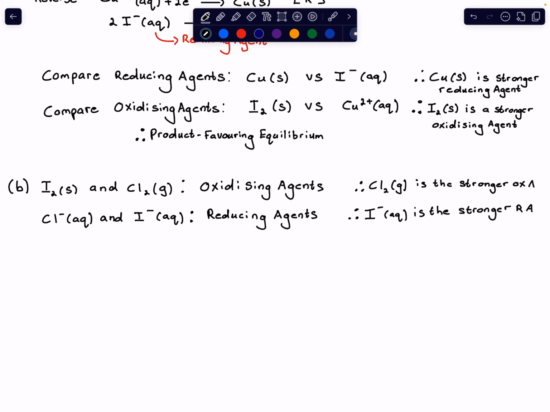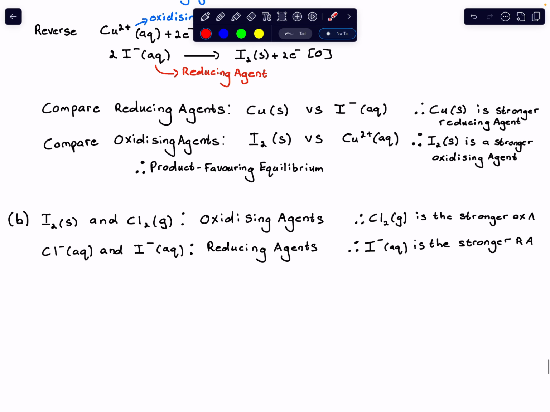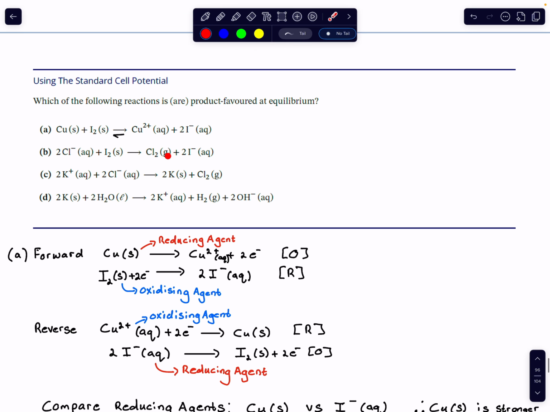Let's call it reducing agent. All right, so now the question is, on which side are Cl2 and I minus? And we notice it is on the so-called product side as written here.